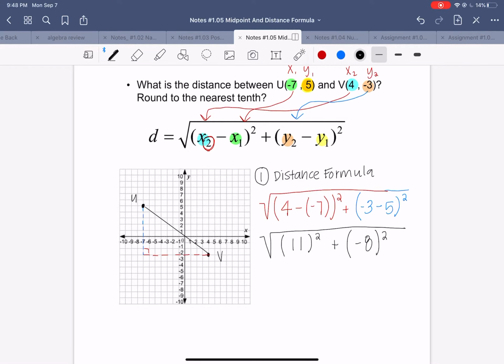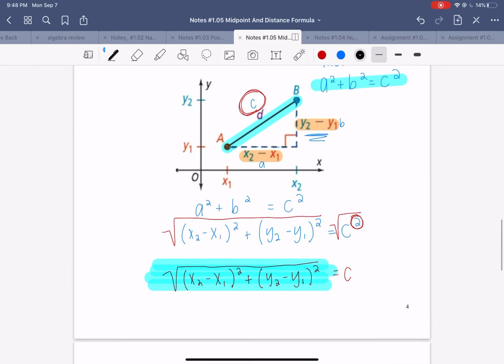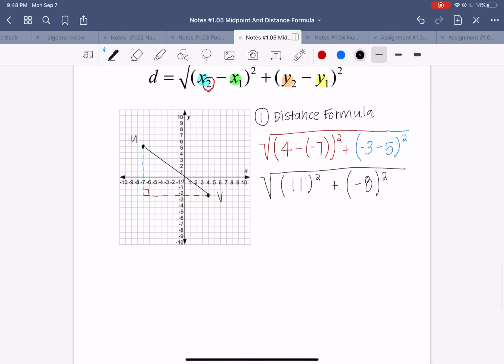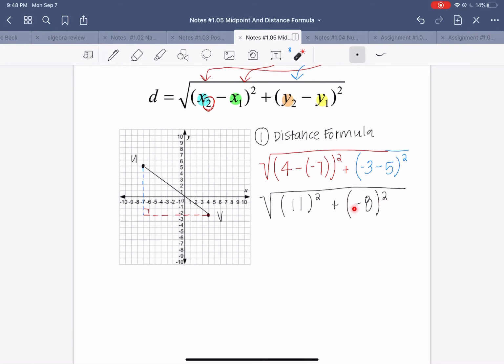Just like it was for distance on a number line, it's the same thing. Distance on a coordinate plane should always be positive. Always, always, always. Even if we have a negative here, like right here with this negative 8, because we square it, it turns positive. So 11 times 11 is 121. Negative 8 times negative 8 is 64.